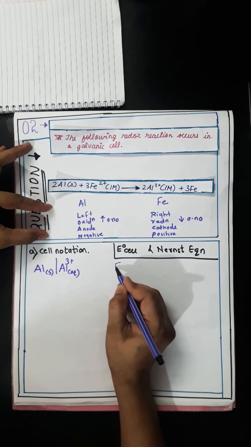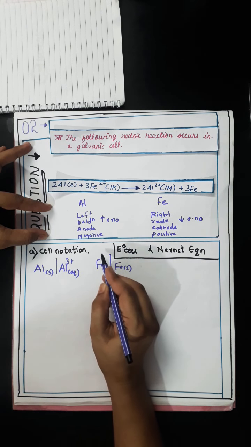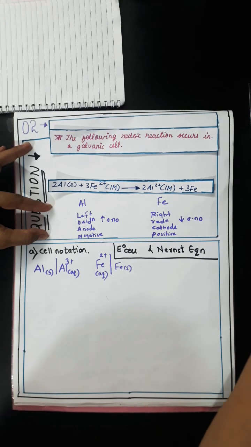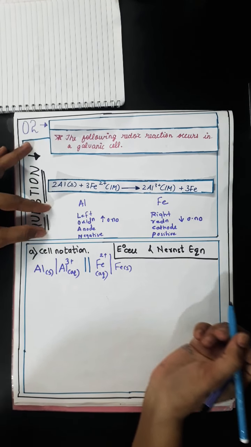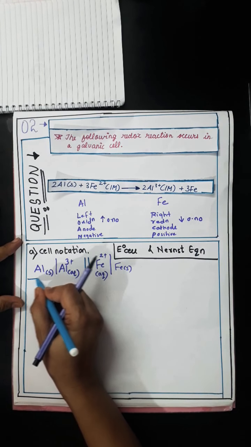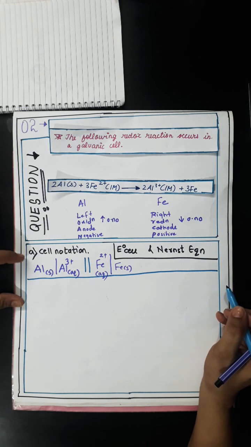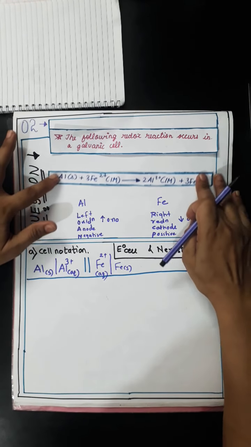So I write here Fe solid in contact with Fe plus 2 ions, aqueous. And here we have our salt bridge. Friends and students, we are done with the A part of the question, that is cell notation.